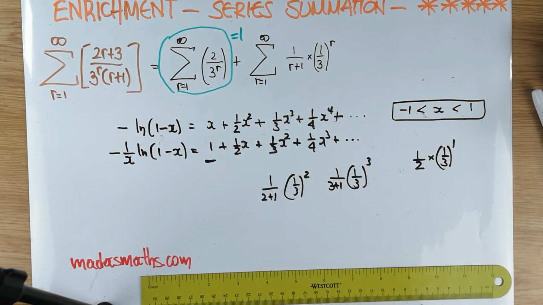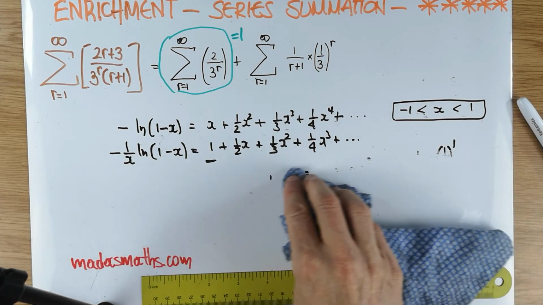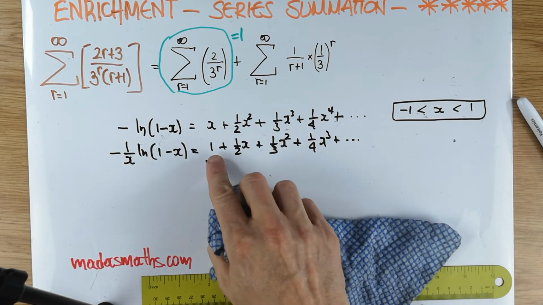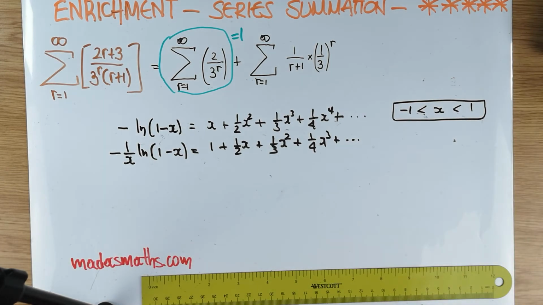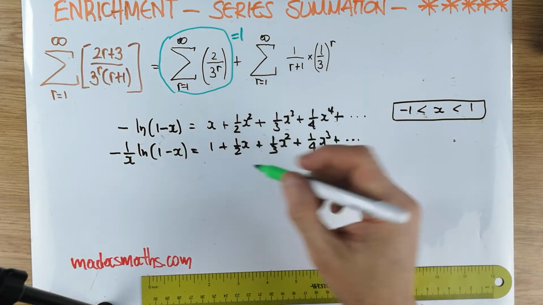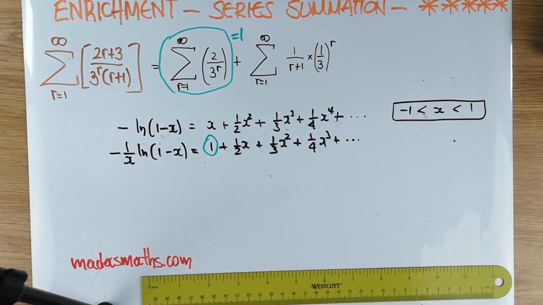Okay, no problem. So let's see what we can easily get rid of. I hope you're following what I'm doing so far. I'm just manipulating and trying to get this sigma to match something known, and I found it.